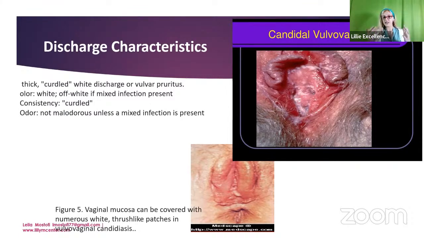Odor is not malodorous unless a mixed infection is present. In this picture, you will see the vaginal mucosa can be covered with numerous white thrush-like patches in vulvovaginal candidiasis.